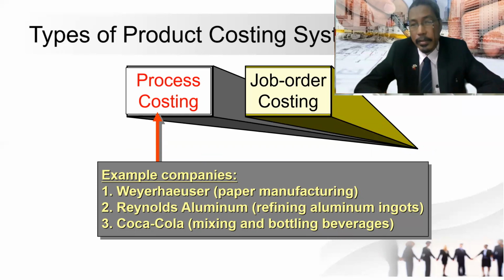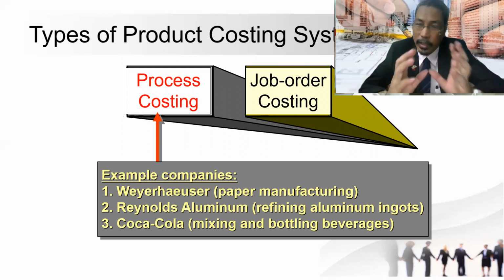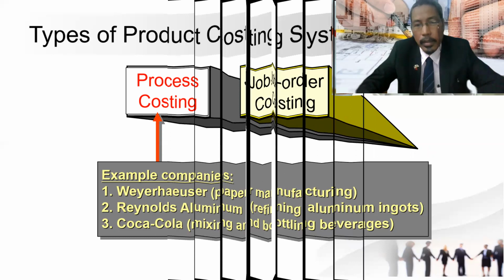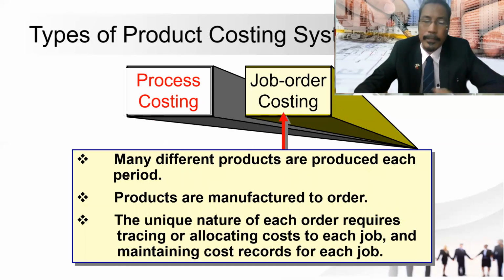That is a process. You cannot distinguish one Coca-Cola from the other if they are producing a single type of product. So that's why it is process costing. We are more on doing the averages because it is a process. So let us account for one period, then divide by the total units, so we can have a price per unit.